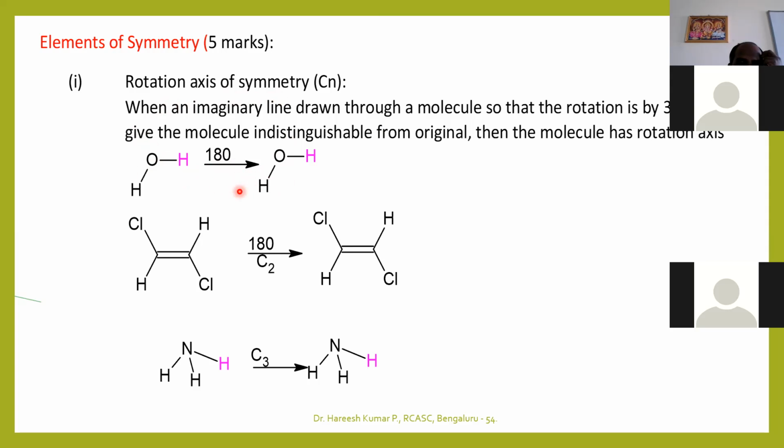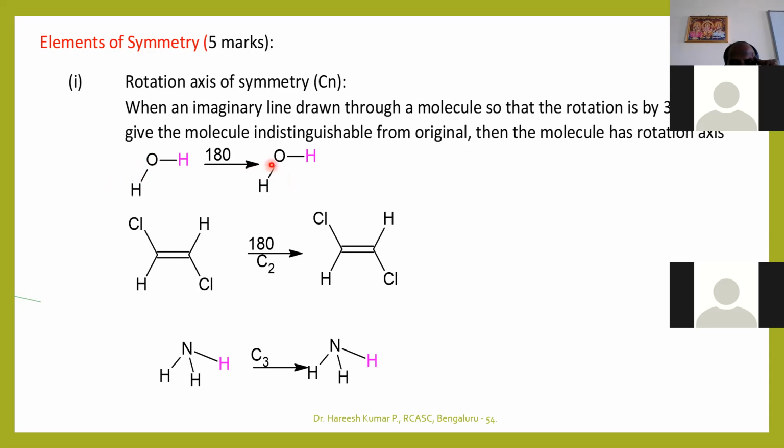C2 axis means 360 divided by 2, which is 180 degrees. What does it mean? If you rotate this moiety by 180 degrees, you will get it like this. Now tell me, are both different or the same?